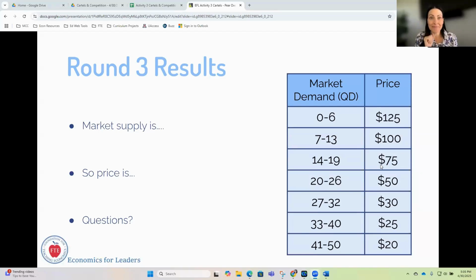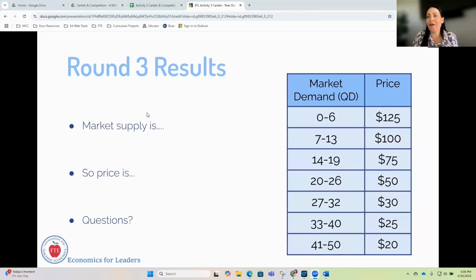Plus 5, that's 15. Plus 7, that's 22. So a total of 22 were produced, which puts you at this price of $50. So the accountants, I want you to finish the balance sheet after round 3. That is the end of our game.